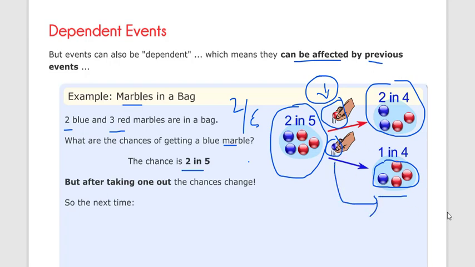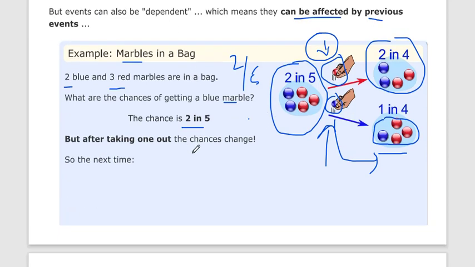So you can see that the probability changes depending on the previous outcome. So it depends on the previous outcome, and this example is a dependent event.